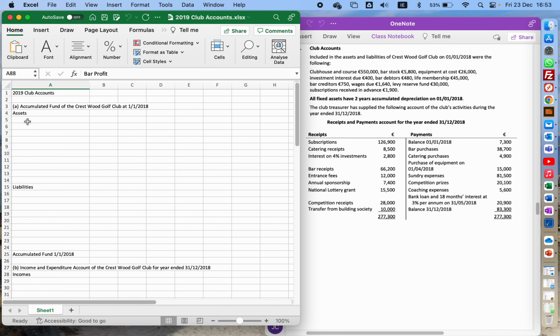So first of all, with the accumulated fund, we start with the figures that we have at the top of the question. So we've got Clubhouse. Bar stock is 5.8.